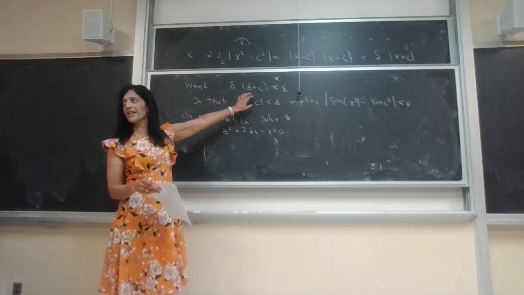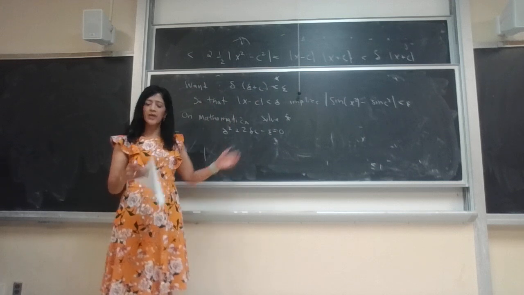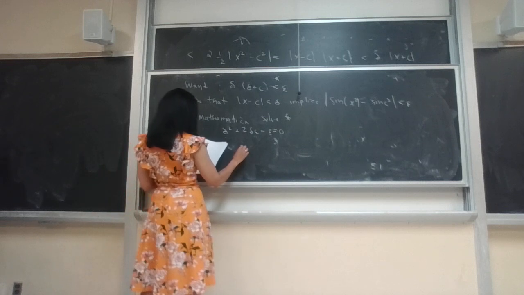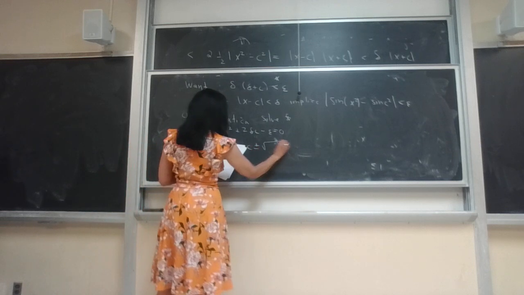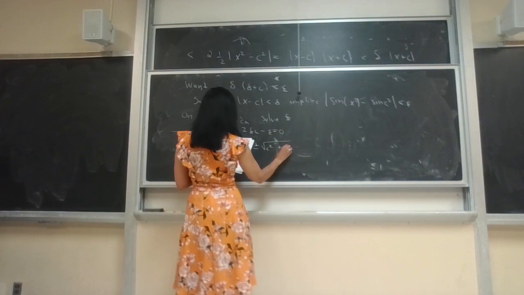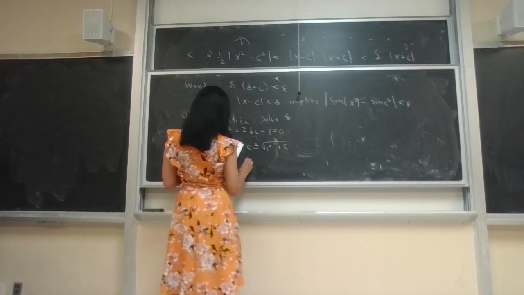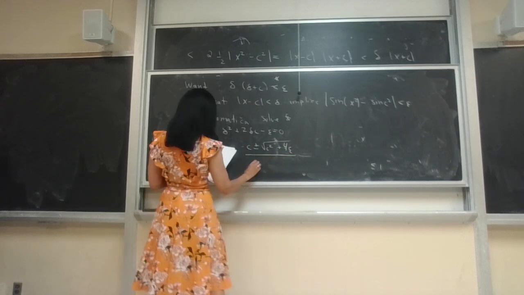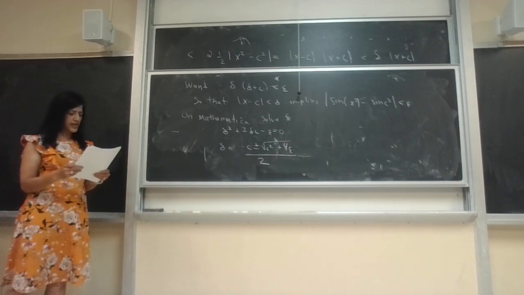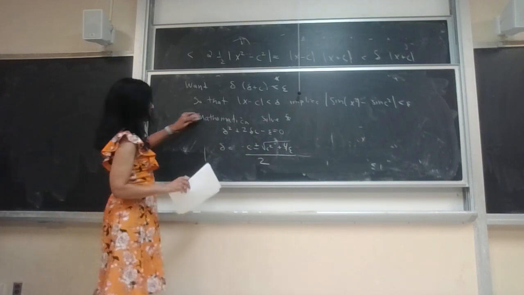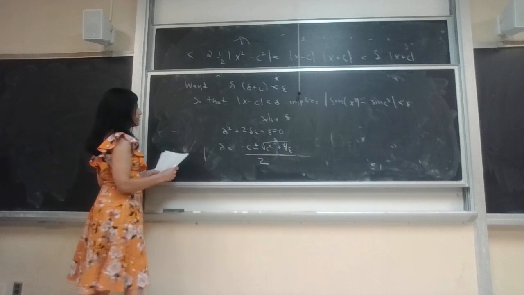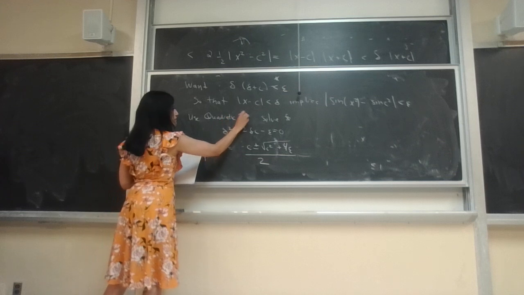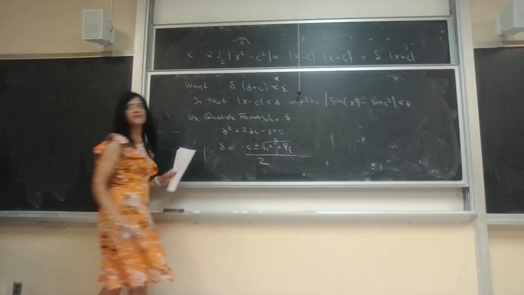That's how you solve a quadratic inequality: set the less than to equal to 0 and look at the cusp of the boundary. And it turns out that delta is equal to minus c plus or minus the square root of c squared plus 4 epsilon, divided by 2. Yeah, I think I actually used the quadratic formula, I didn't go to Mathematica. Mathematica used the quadratic formula.